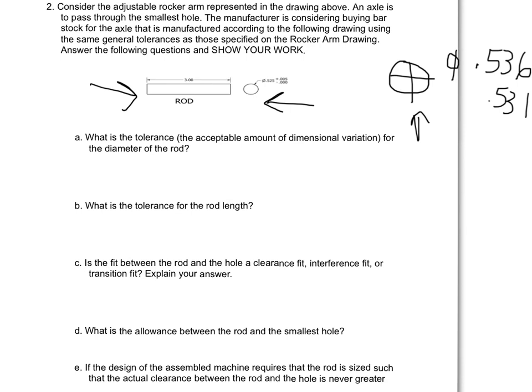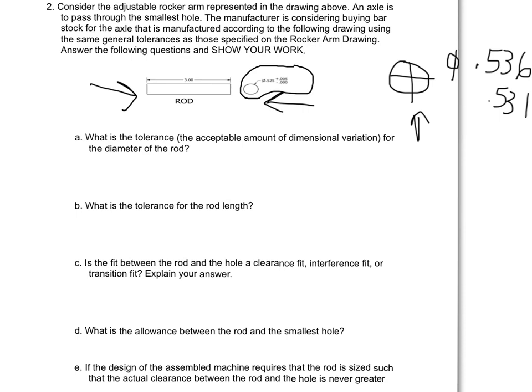Again, you've got to go back to the rocker arm drawing because the only tolerances I see are right here on the diameter of the rod. I see that I have a unilateral tolerance, because it says plus 0.005 and then minus 0.000.